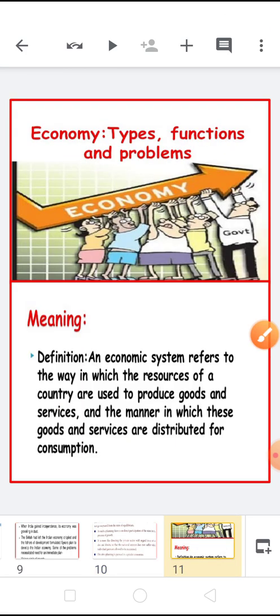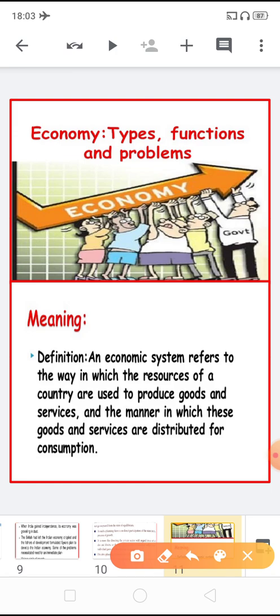Now we are going to learn the types of economy. Children, what is an economy? An economy is a system which is spread over a particular area that reveals the nature and level of economic activity in the concerned area. It explains how the people of the concerned area earn their livelihood.